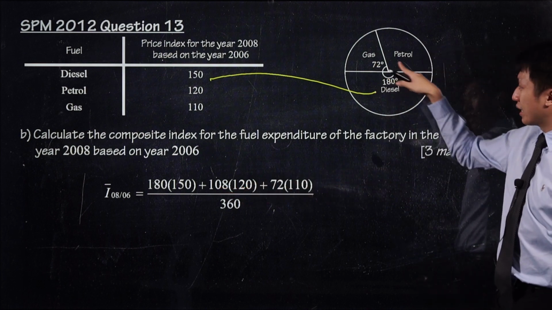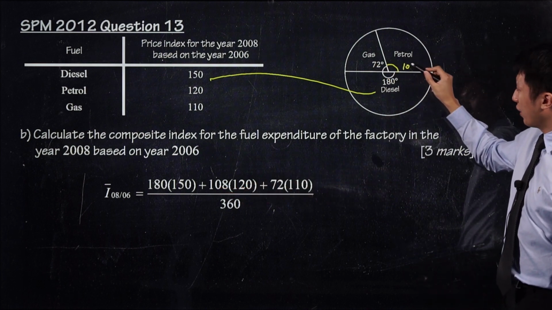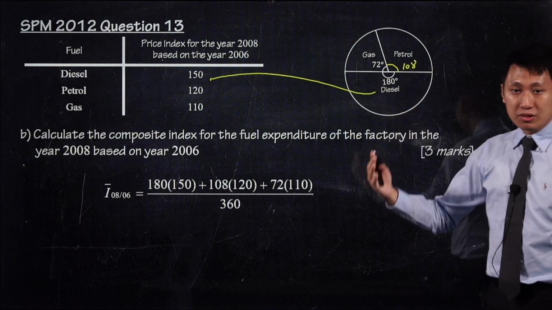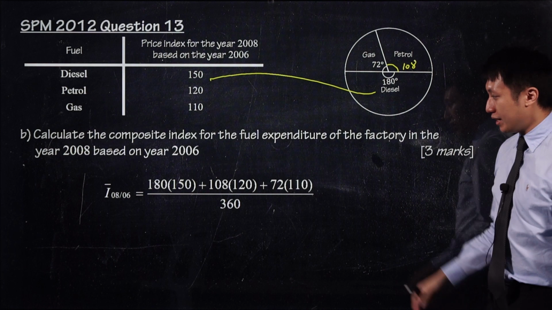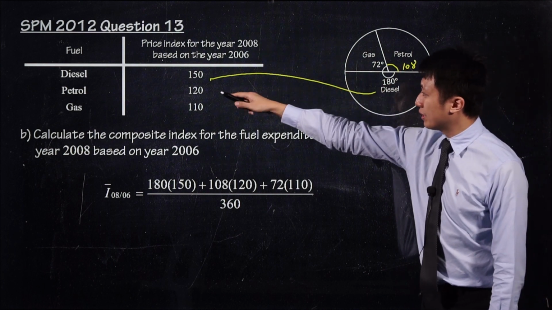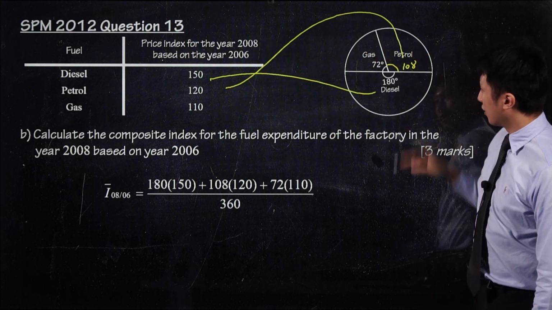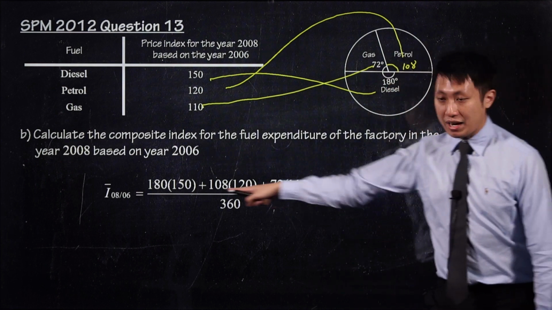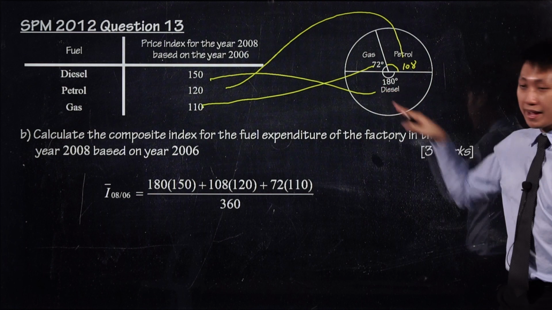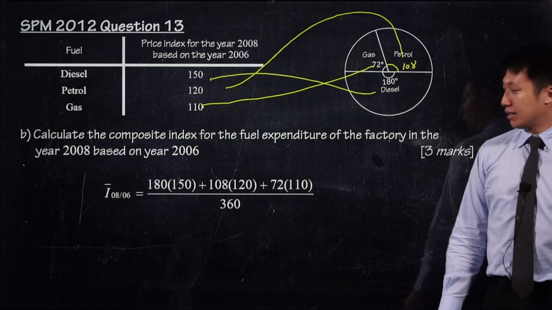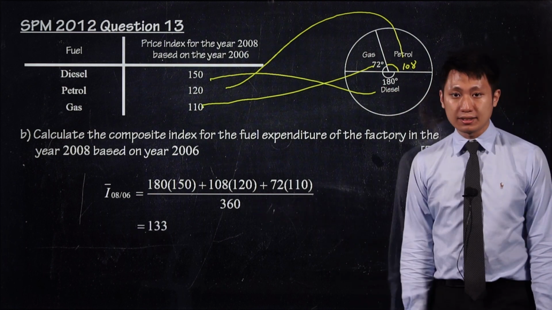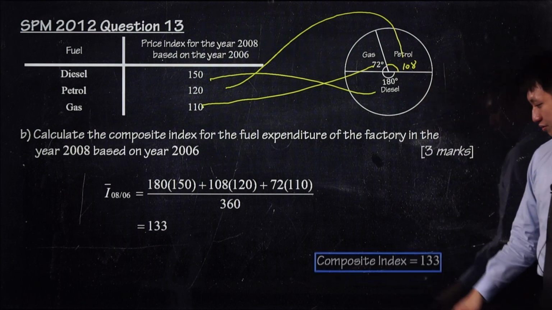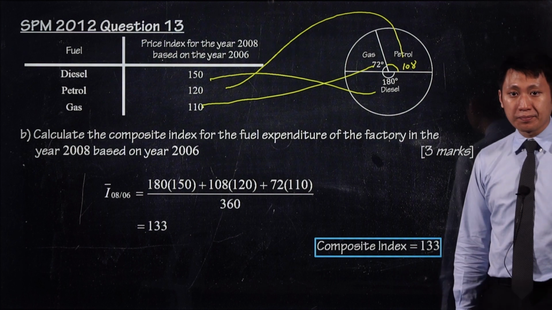This is 72, so the other side should be 108, because they add up to 180 degrees. Then this one multiplied by 120, and this 72 multiplied by 110. Then divide by the total of the angles, which is 360. Easy, you just calculate the answer, 133. So the composite index is 133.